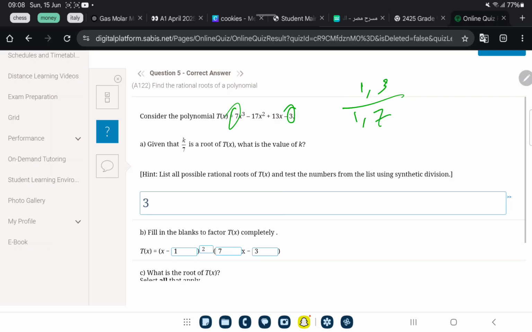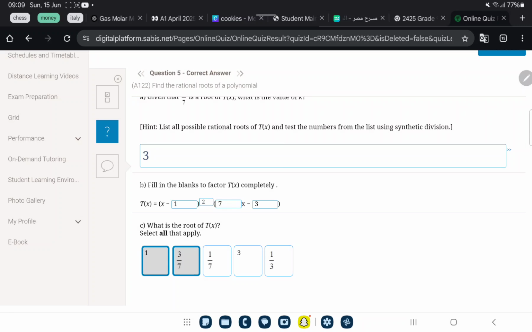They already gave us a hint, it's a fraction with denominator 7, and positive. So you have 1 over 7 and 3 over 7. You put them into your equation, and whichever gives 0 is your root. So here it was 3 over 7, so k equals 3.